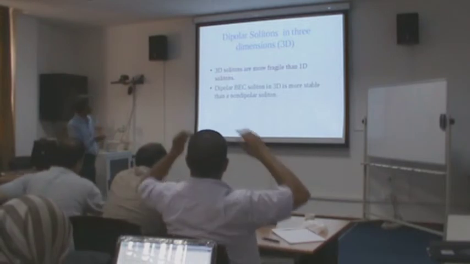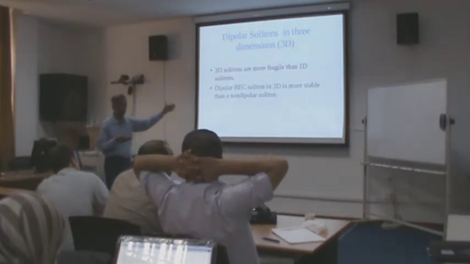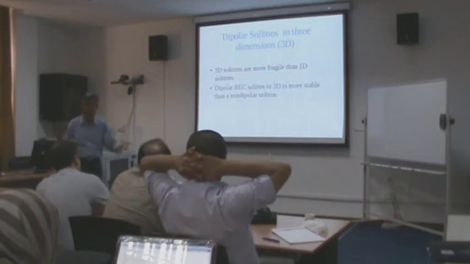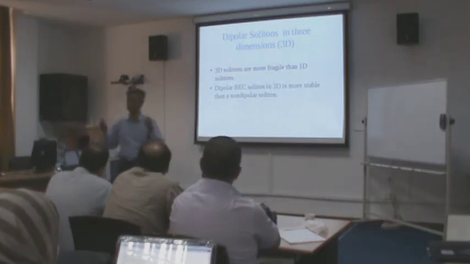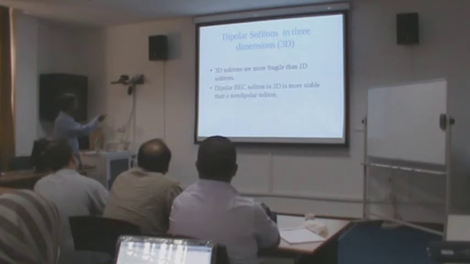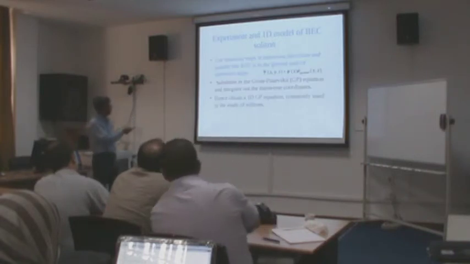So, dipolar solitons in the three-dimensional world. This is not a three-dimensional soliton. It is at most a one or two-dimensional soliton, and also a solitary wave, not a real integrable soliton, in the sense that it is very, very robust due to the conservation law. But the dipolar solitary wave in three dimensions is more stable than a non-dipolar soliton. So what you do is something like this.